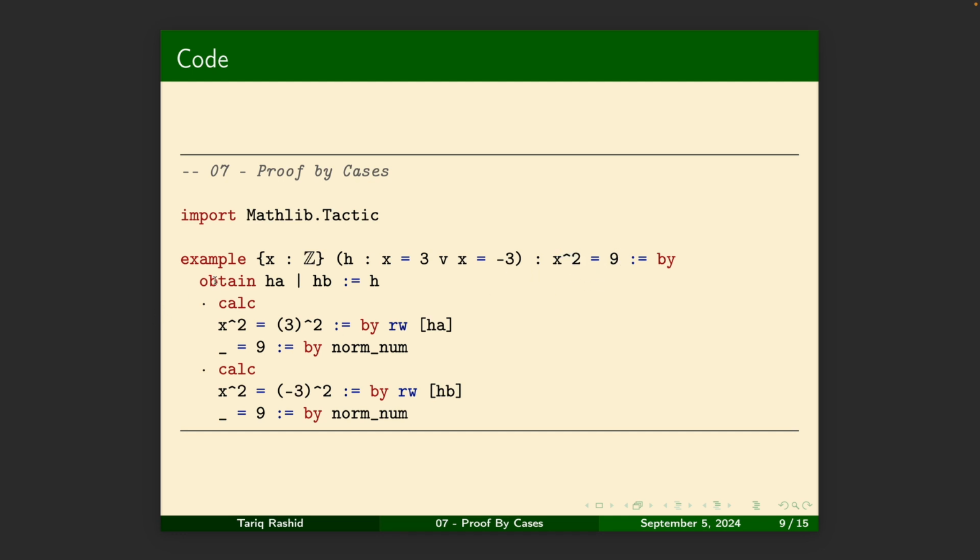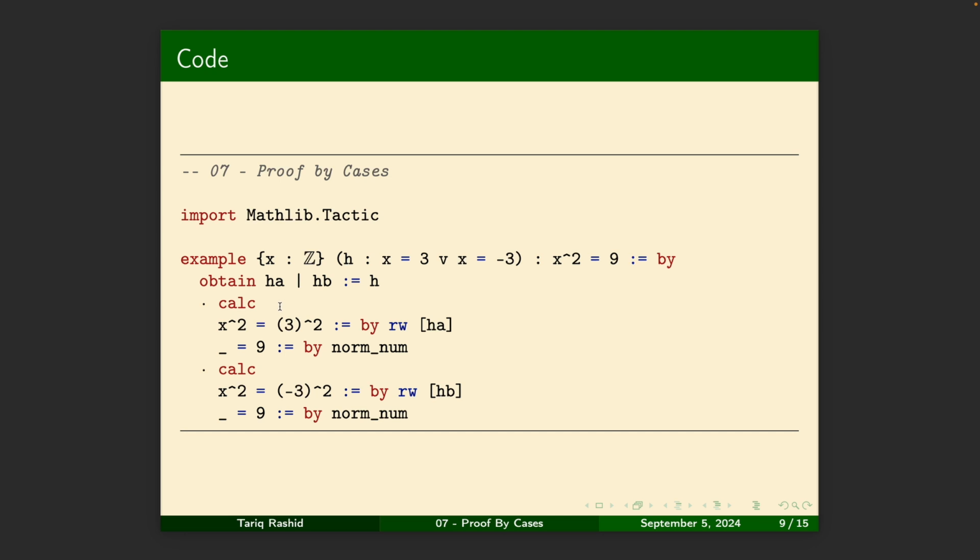And then we're entering into the proof. So we have to justify this given the hypotheses. And then we've got a proof. Now this looks a little bit more interesting. We have seen calc before, but we've not seen obtain before, so we're going to talk about that.